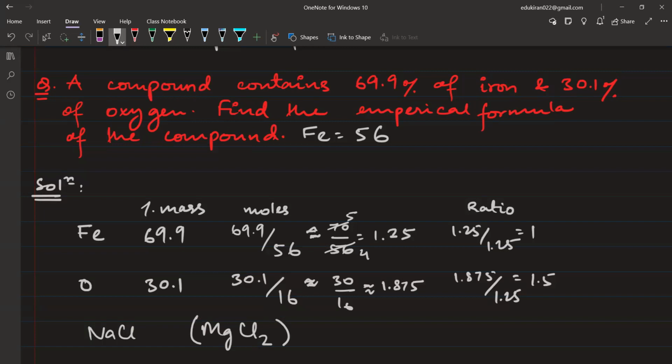What did I ask? For each mole of magnesium, how many chlorine do we have? If I have 1 magnesium, then how many chlorines? Two chlorines, of course, because MgCl2 means that.